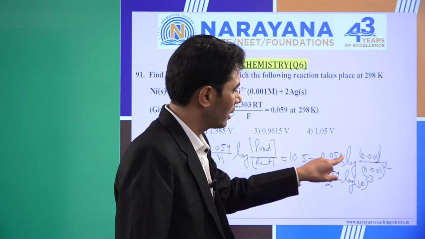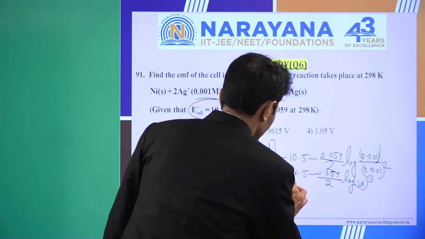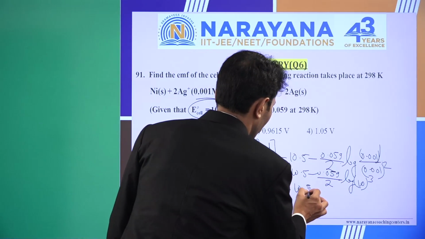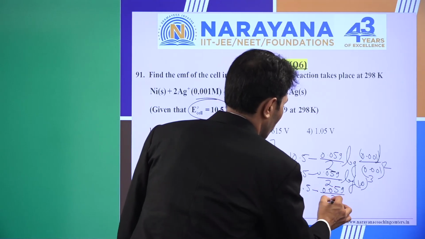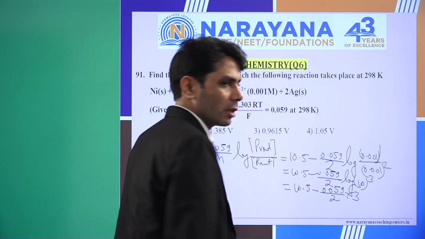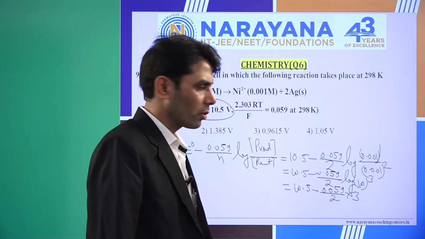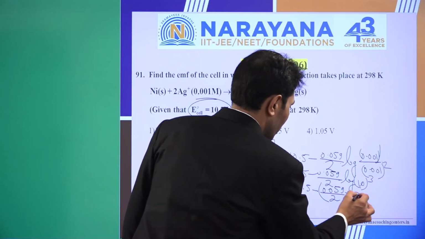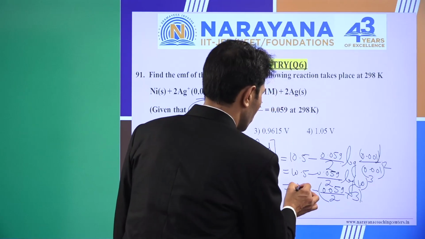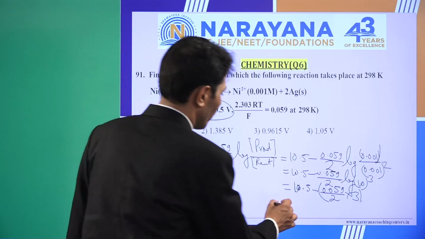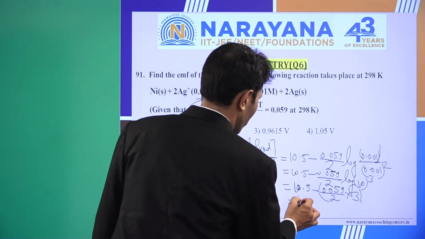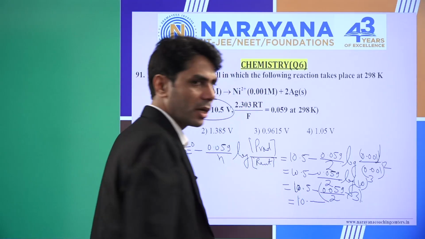So directly we can say it is 3. 10.5 minus 0.059 divided by 2 into 3. Okay. So we can say this value. 10.05 minus this value, if we solve this, it will come around 10 point something, right?